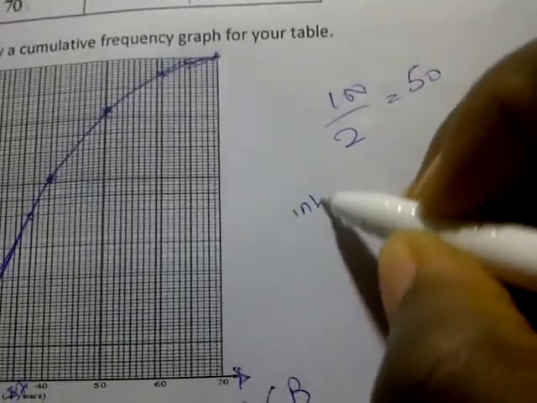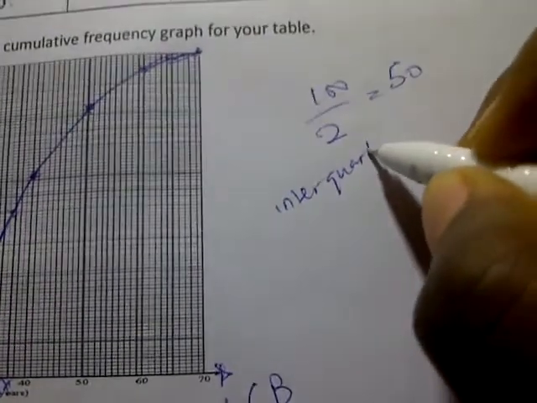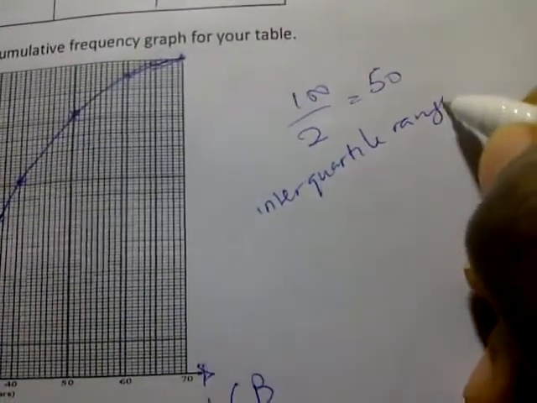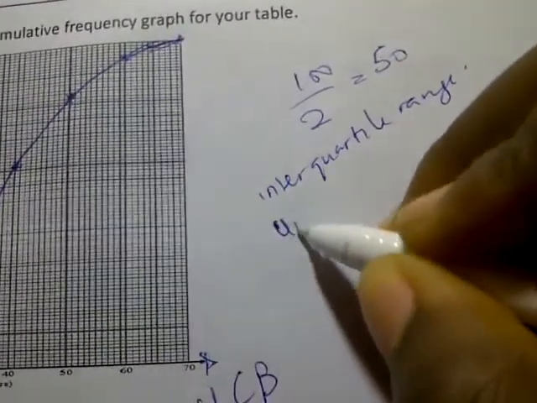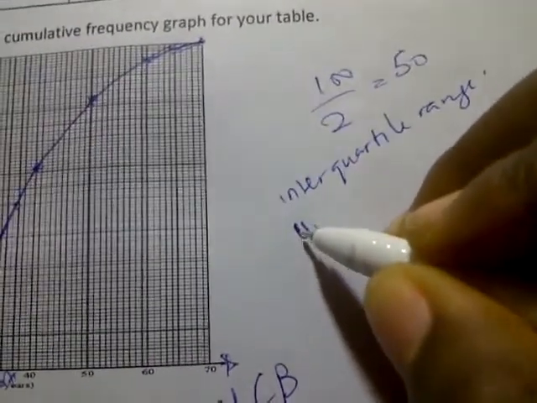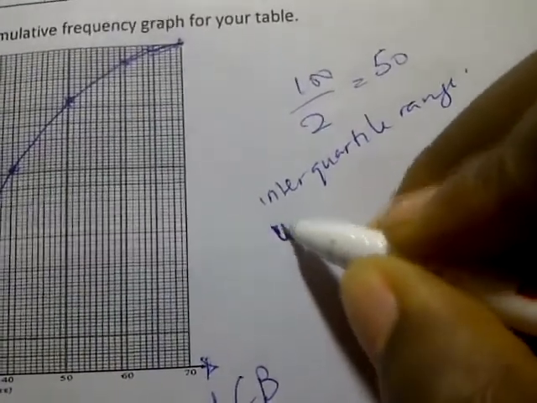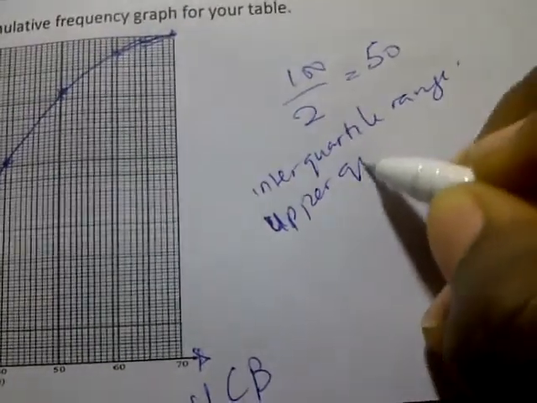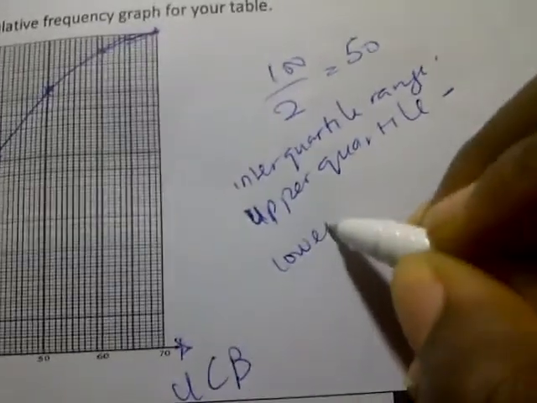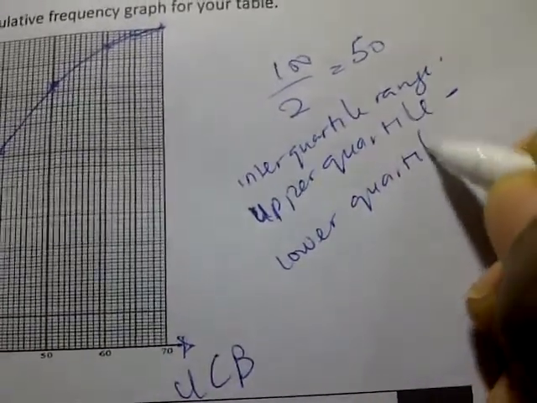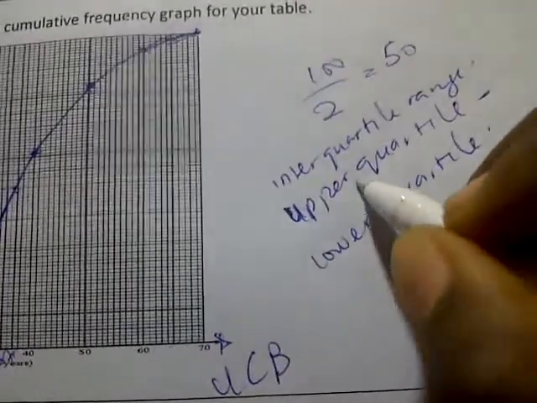Now if you're asked to calculate the interquartile range, interquartile range means the higher quartile or upper quartile minus the lower quartile. Now how do you get the upper quartile?